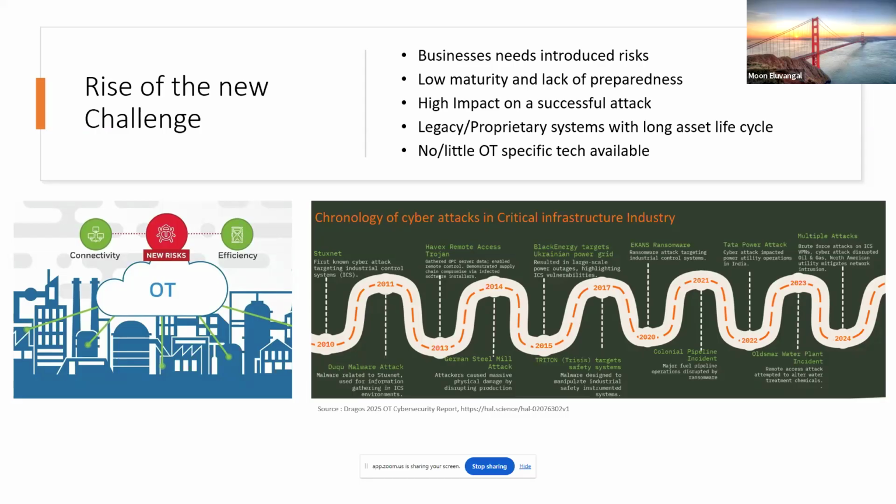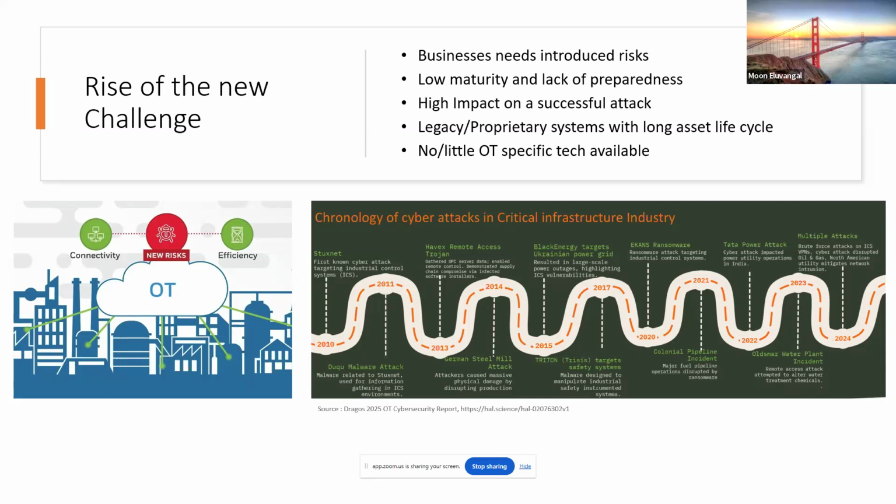Some of the reasons may be that the maturity of the systems and the preparedness is very low. And you know that unlike IT, where we change the systems every maybe 3 to 5 years, we have a longer lifetime.